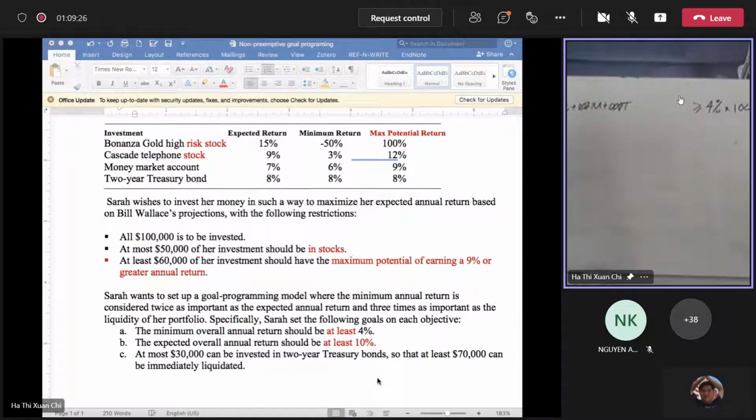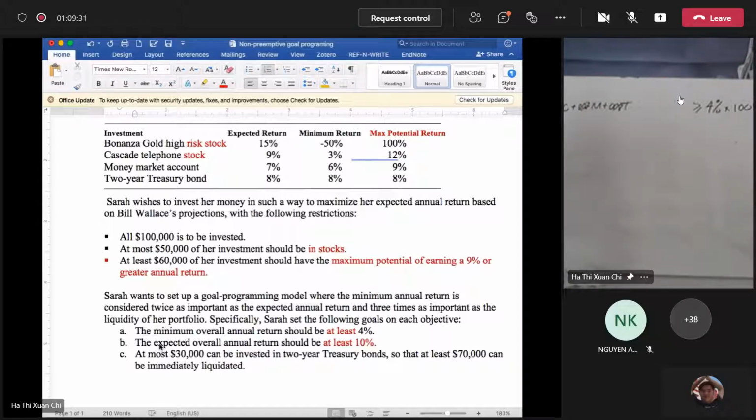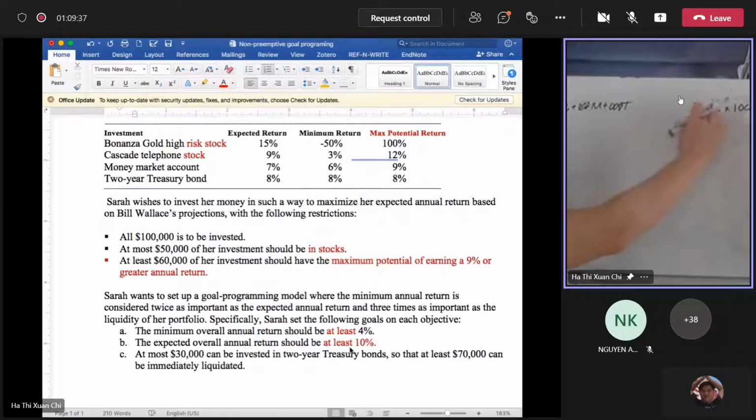For the second one, everyone, sorry, here the expected return is 10%. Sorry, that is 10%.